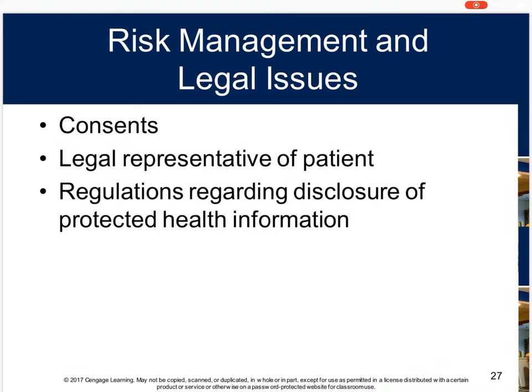Now, one thing I want to comment on here too is, let's go back to a term in our chapter. We talked about our primary caregiver. Okay, so if we go back and we look at that definition on page 481, it says this is the person designated to provide care for the patient when hospice staff is not available.